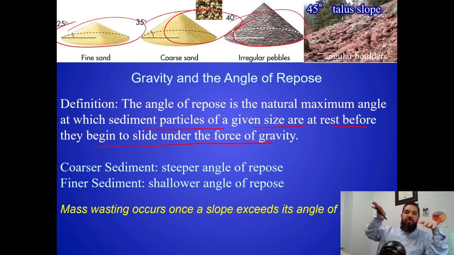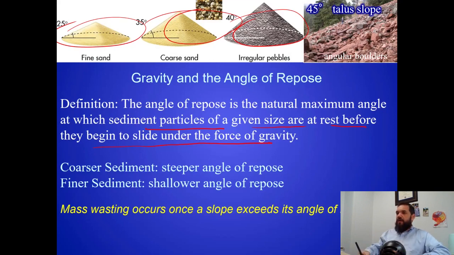They're going to form a slope, and a bunch of different characteristics can change the angle of that slope. But once it exceeds that slope, you're going to start to get the downhill movement of material downslope. Okay, once it exceeds the angle of repose, that's when mass wasting starts to occur.